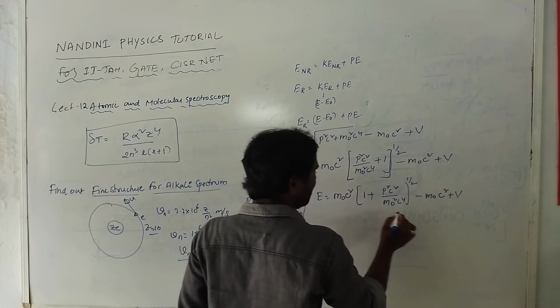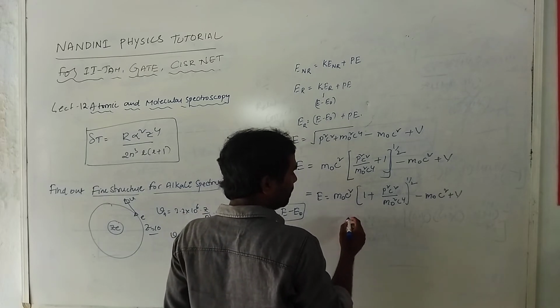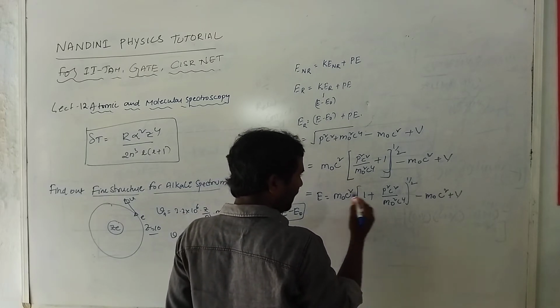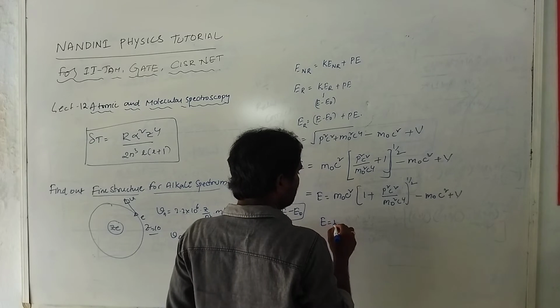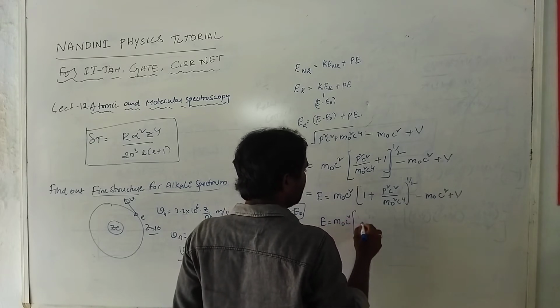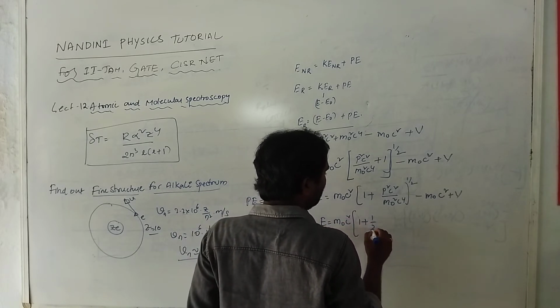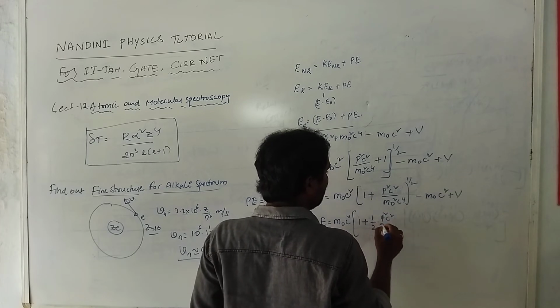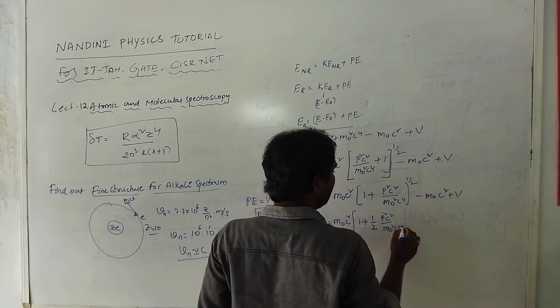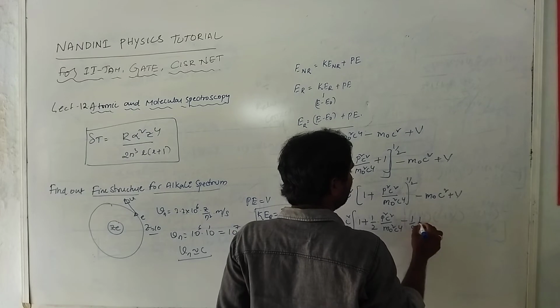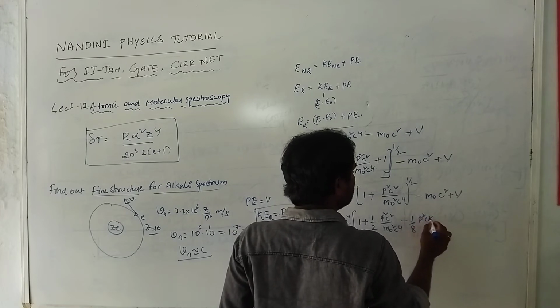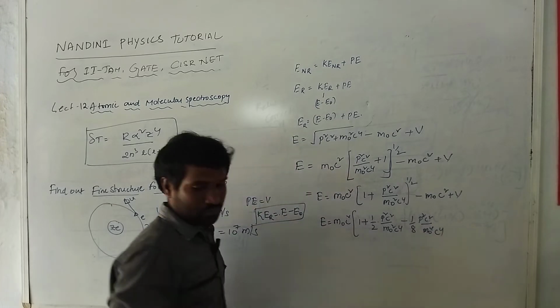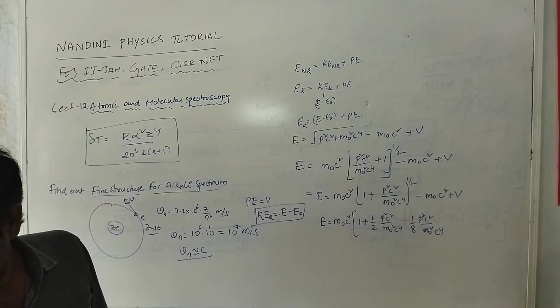Using binomial expansion you can expand this equation. I will explain how to expand it binomially. E is equal to m naught c square times (1 plus 1 by 2 times p square c square by m naught square c power 4, minus 1 by 8 times p power 4 by m naught power 4 c power 4).